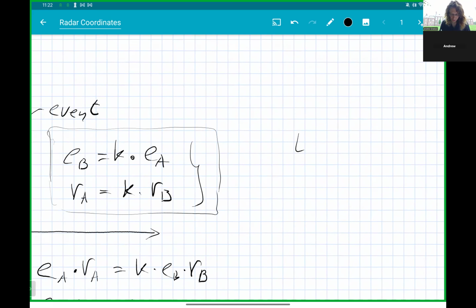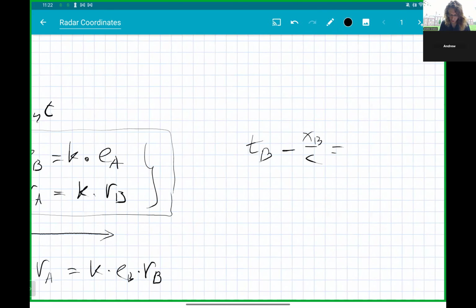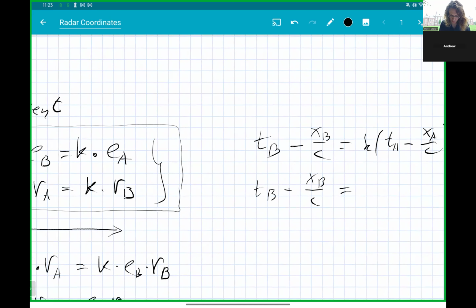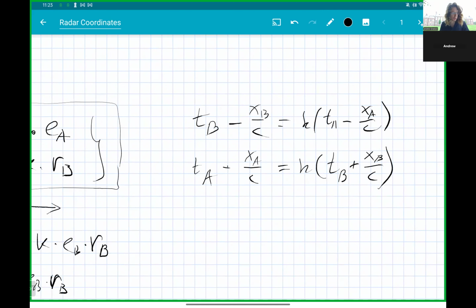It will be TB minus XB over C equals K times TA minus XA over C. And here we have TB plus XB over C equals K inverse times TA plus XA over C. Now we just need to solve this equation for TB and XB.